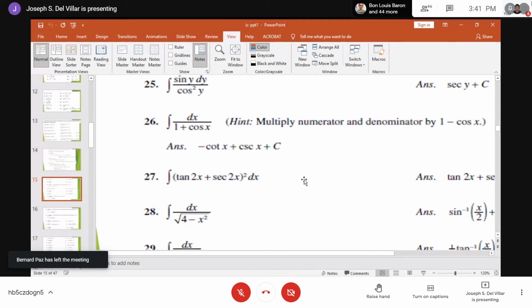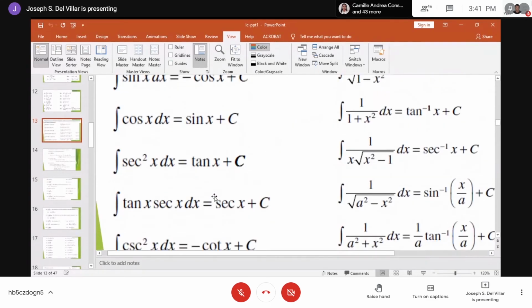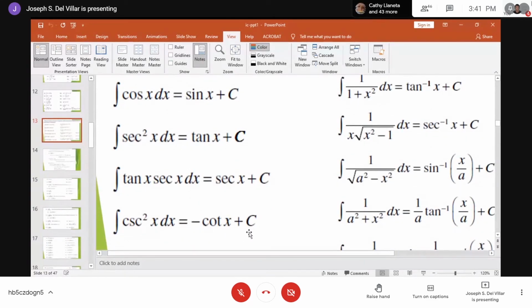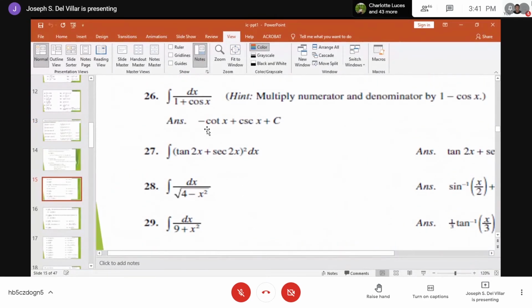Kuha nyo? Yes, sir. Okay. But what is 1 over sine squared? Cosecant squared x. Yes, cosecant squared. At meron yung formula, no? So, nandito yon. Negative cotangent x. Yes, negative cotangent x. Okay? Kaya, nagkaroon siya dito ng negative cotangent x.